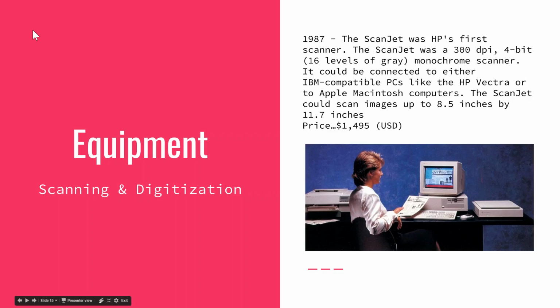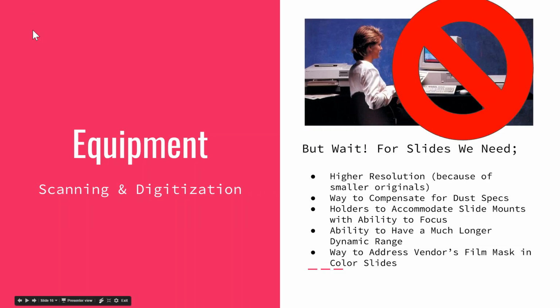The challenge is, though, that for reflective scanning, we were on the road, but we weren't on the road for transmissive scanning or for when light has to pass through, because we needed higher resolution. Our originals are smaller, right? We needed ways to compensate for dust specks. We needed to hold the slides so that we could focus them.